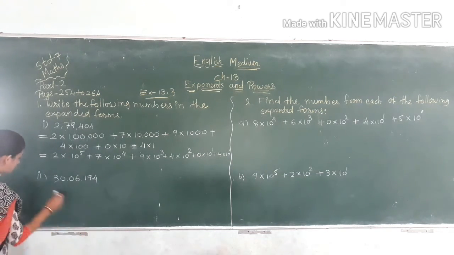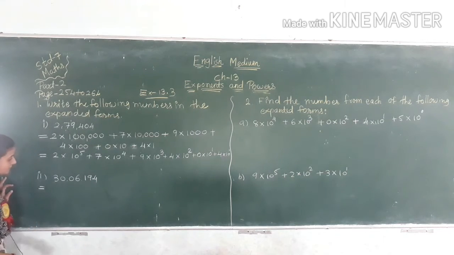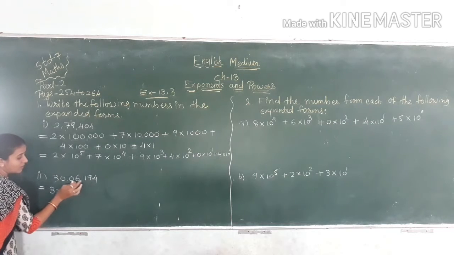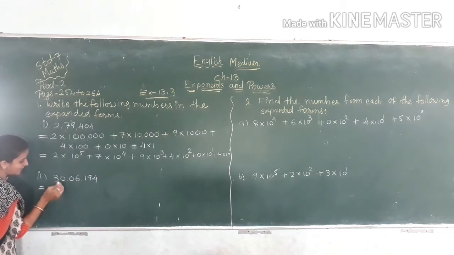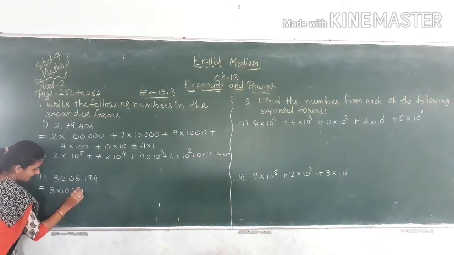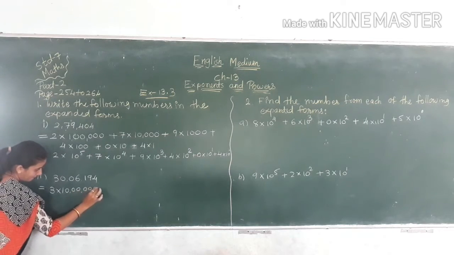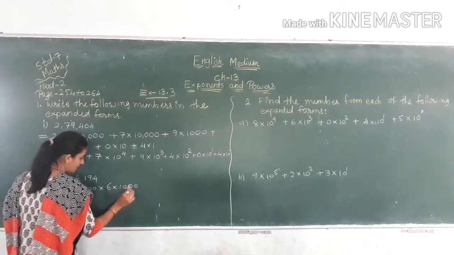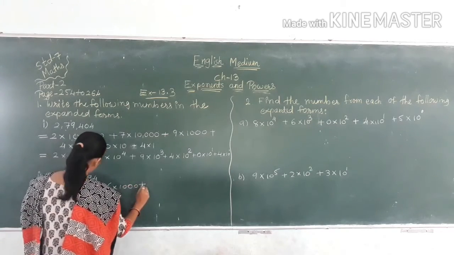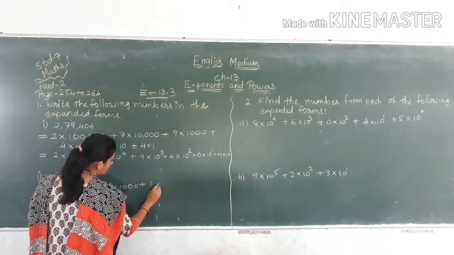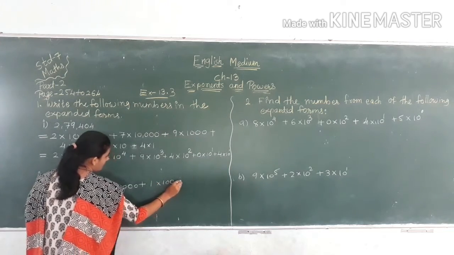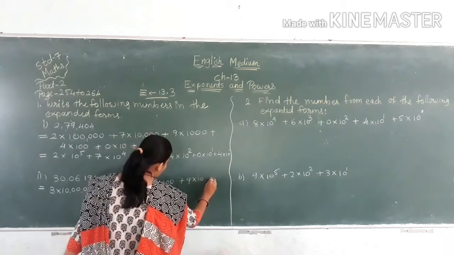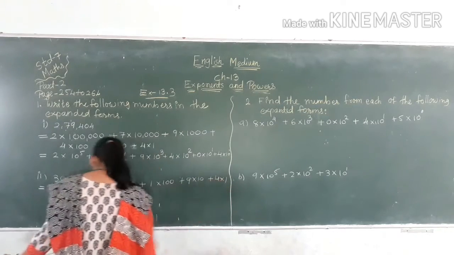2,79,404. Now next one, here 3 multiplied by 10 lakh, then 6 multiplied by 1,000, then 1 multiplied by 100 plus 9 multiplied by 10, then 4 multiplied by 1.